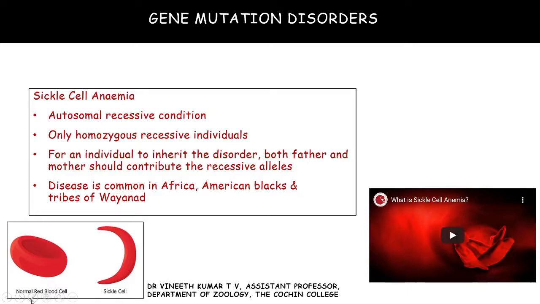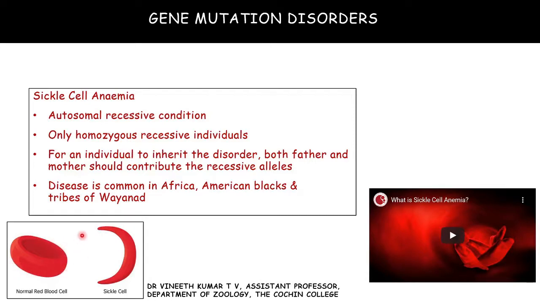So you can see what sickle cell means. This is a normal red blood cell, a normal RBC, which is a disc-like biconcave structure, highly flexible, and it does not stick to other RBCs because of the presence of a number of carbohydrates like sialic acids, which impart a negative charge.